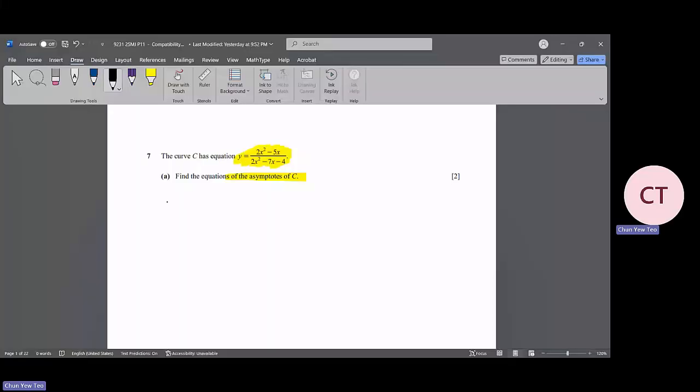What you need to do now over here is, first of all, take the denominator out, set it equal to 0. Try to factorize it, and you see that x is equal to negative half and x is equal to 4. That will be your vertical asymptote.